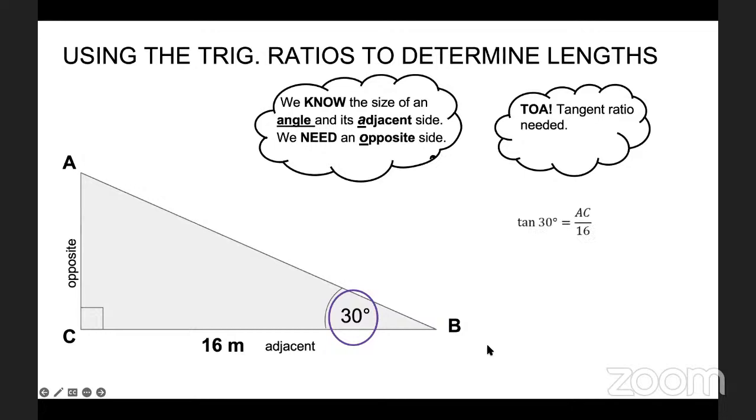So tangent of 30 degrees is equal to the length of the opposite divided by the length of the adjacent. Great. We can either transpose for AC first, or we can substitute the value for tan 30 and then work it out.